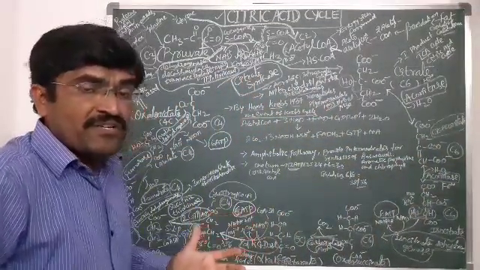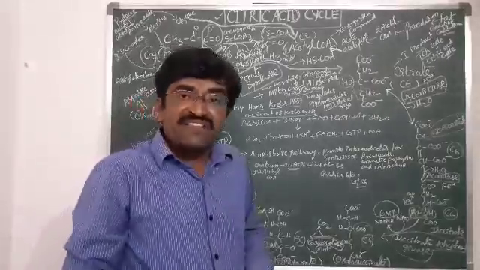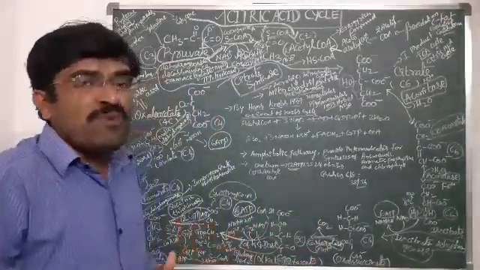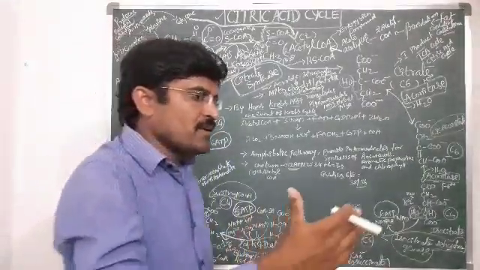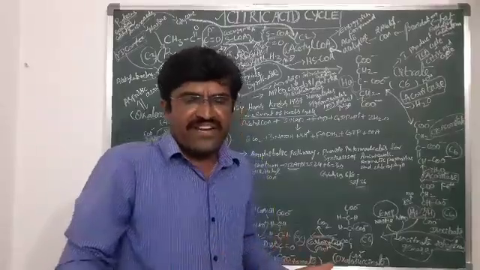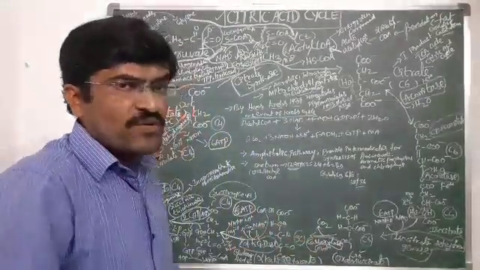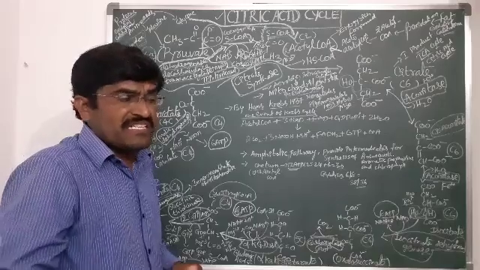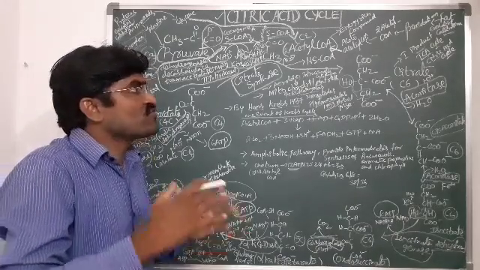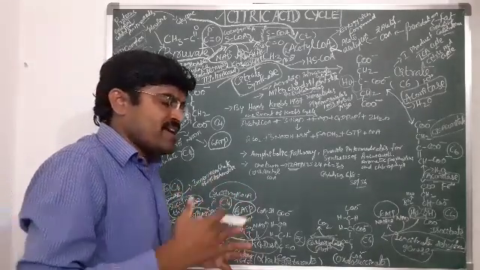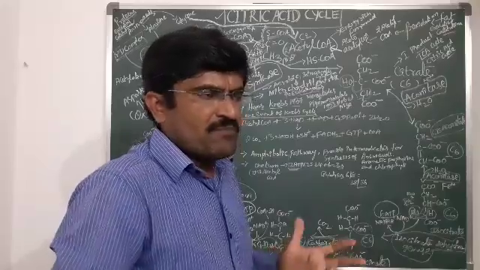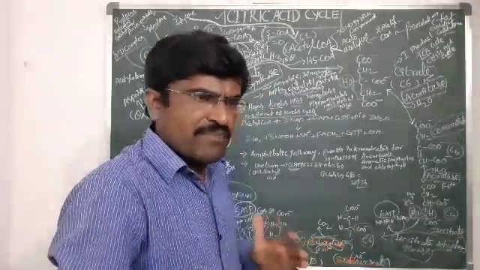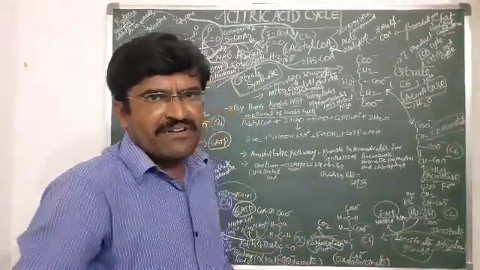We have saturated and unsaturated fatty acids based upon the double bond. If a double bond is present, it is an unsaturated fatty acid, for example linoleic acid. Palmitic acid is a saturated fatty acid, a 16-carbon fatty acid. Based on whether there is a double bond or a single bond, fatty acids are saturated or unsaturated.